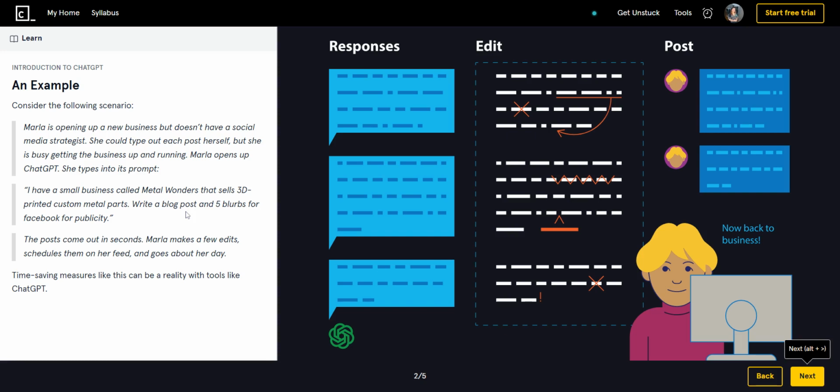Write a blog post and 5 blurbs for Facebook for publicity. The post comes out in a second. Marla makes a few edits, schedules them on her feed, and goes about her day.